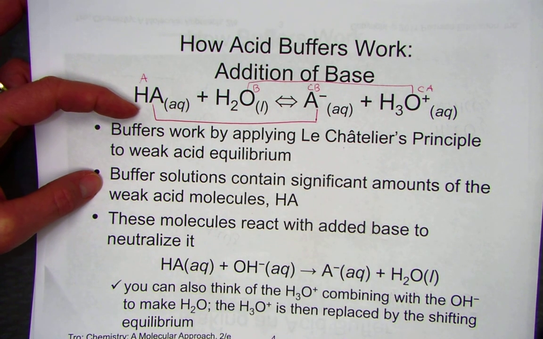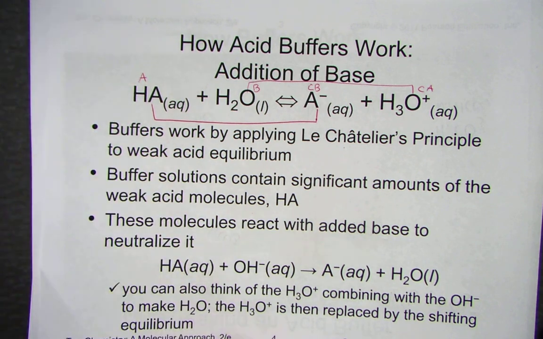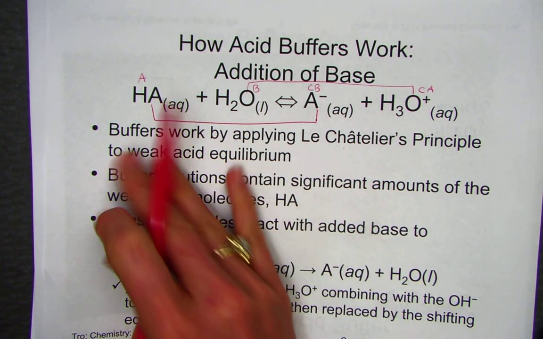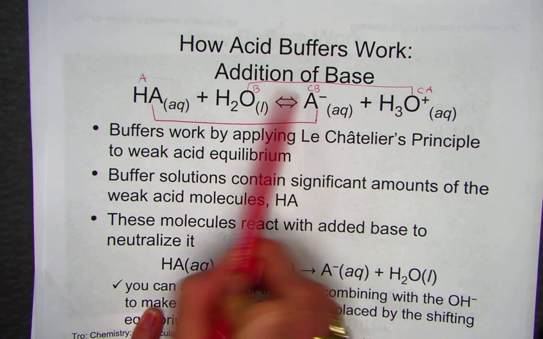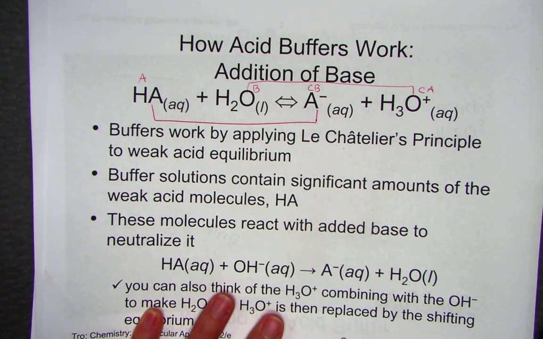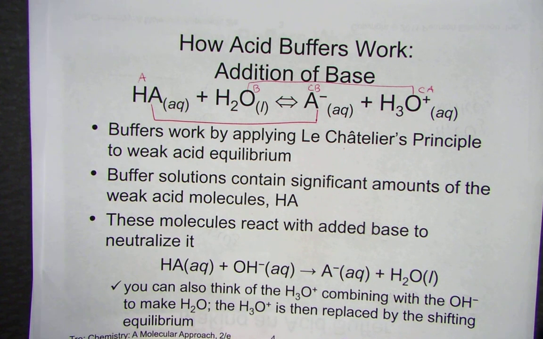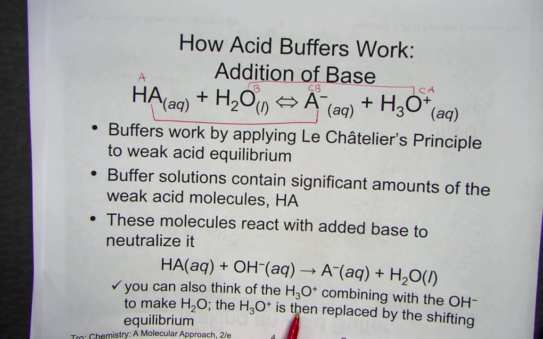So thinking about Le Chatelier, suppose into this solution that contains HA and A negative, an acid and its conjugate base, think through Le Chatelier. Let's suppose we add base. If we add base to the solution, a couple of things might happen.